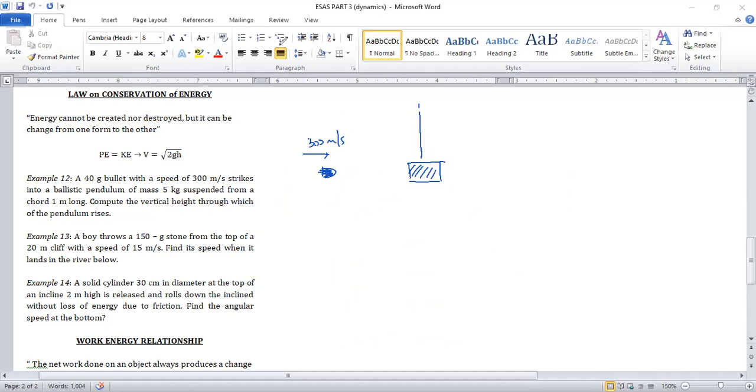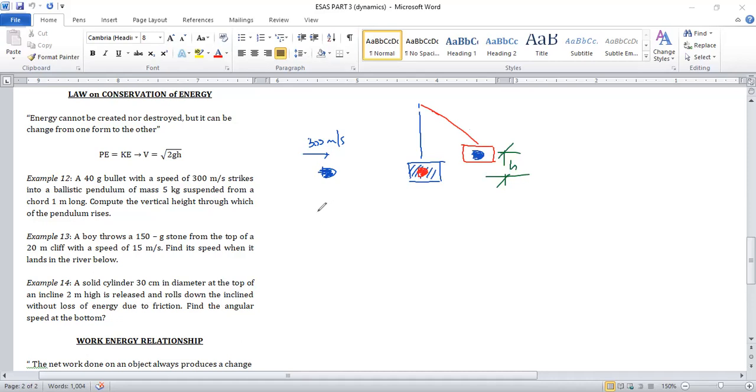After the pendulum is hit, the bullet is embedded in the pendulum, such that the pendulum rises to this given height h.